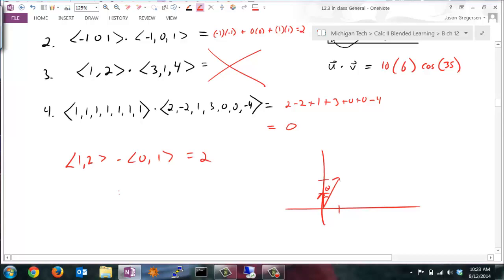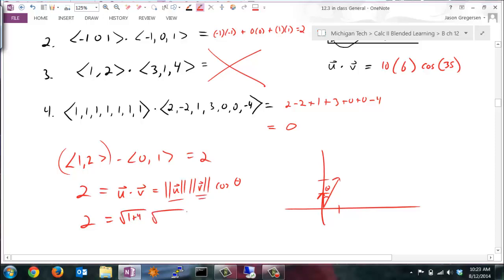Because I know that u dot v by the geometric definition is the magnitude of u times the magnitude of v times the cosine of theta. But I also know that the dot product of these two vectors is 2, because I can calculate that number algebraically. I can calculate the magnitude of u. u is the square root of 1 plus 4. I can calculate the magnitude of v. It is the square root of 1.